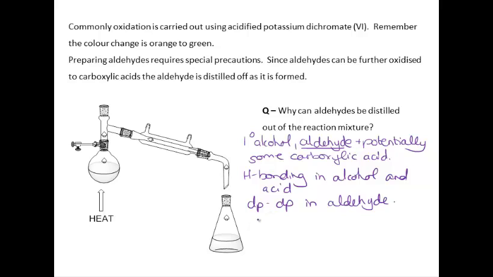When we're approaching questions like this, we need to state the type of intermolecular force in the compounds that we're comparing, and then compare the strength. So hydrogen bonding is stronger than dipole-dipole, and therefore the aldehyde has a lower boiling point than the other two and can be distilled off from the reaction mixture.